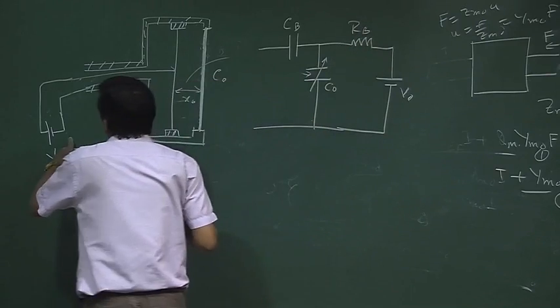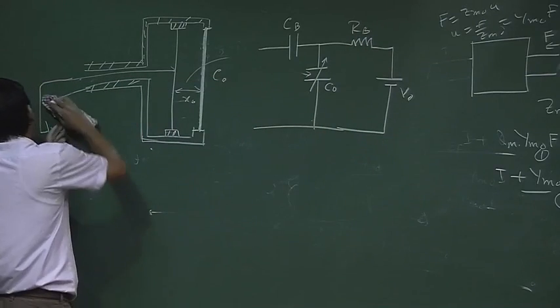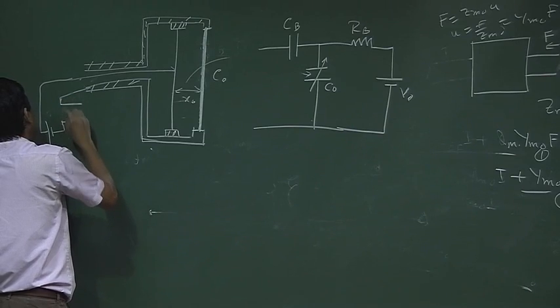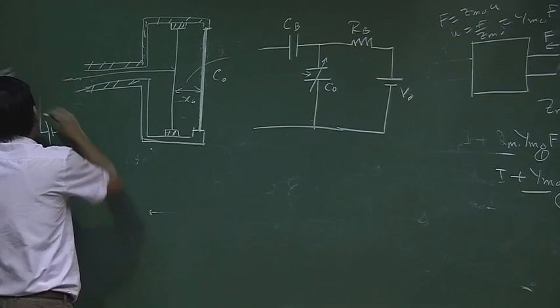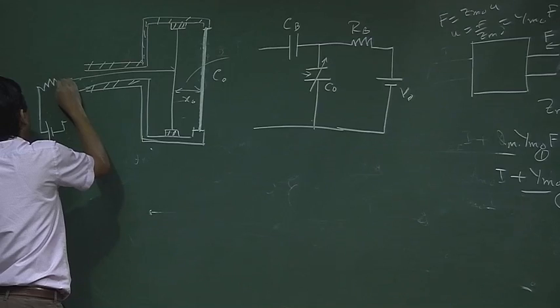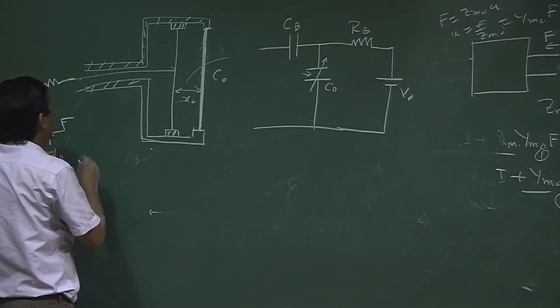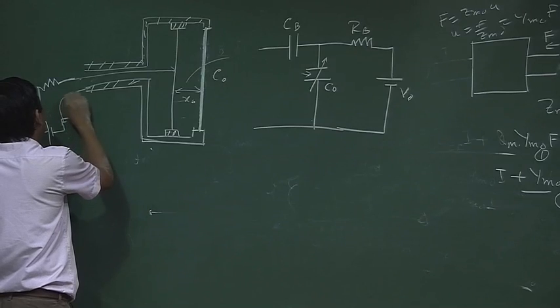So, what I draw is that this voltage can be supplied through a resistance, and the voltage V is applied here.